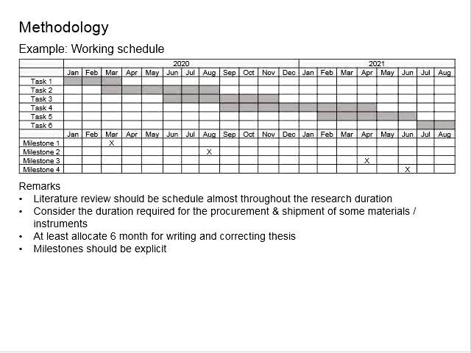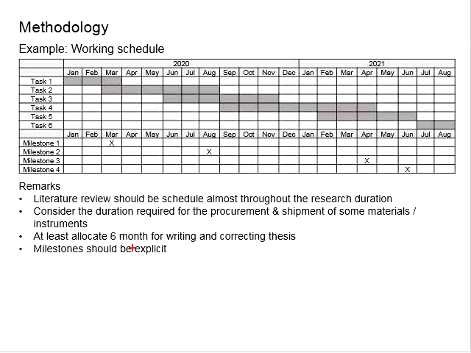If you need those, you have to plan ahead. In the most ideal situation, the necessary materials and instruments should have already arrived in your lab by the time that you need them.